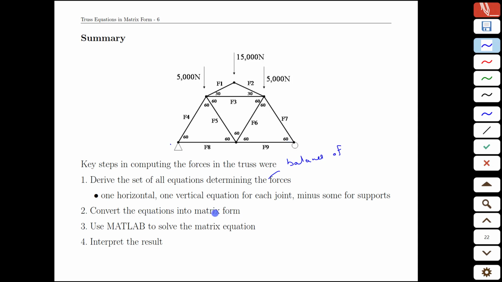We then convert those equations into a matrix form so MATLAB can interpret it. Then we use MATLAB to actually do the solving part, and that is our masterful F equals A/B, which just went ahead and solved that 9 by 9 system of equations for us. And then the most interesting part is spending a bit of time interpreting the results and making sure that we understand what the meaning of the values we get back is in the context of the original truss.